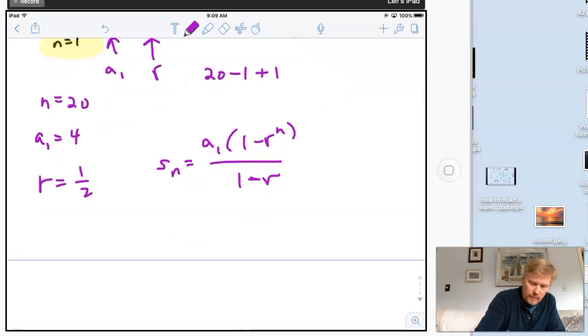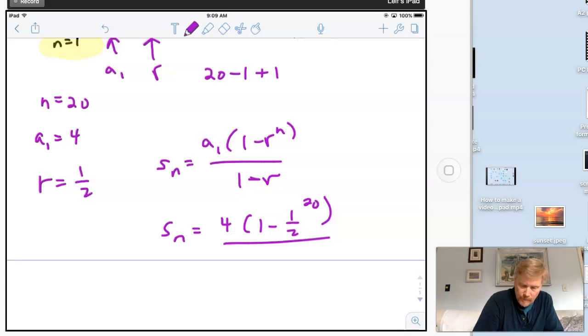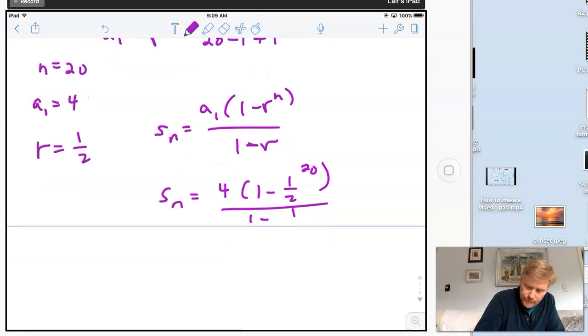So I can plug in my numbers now. S of n equals a of 1, which is 4, times 1 minus 1/2 to the 20th power, all over 1 minus 1/2.